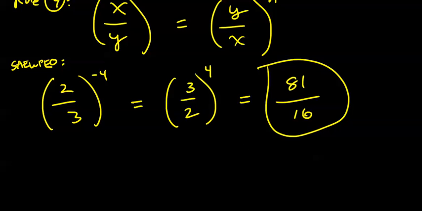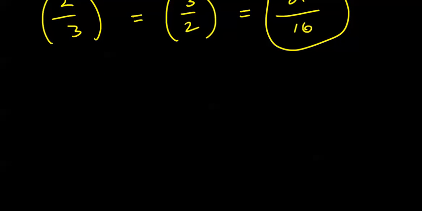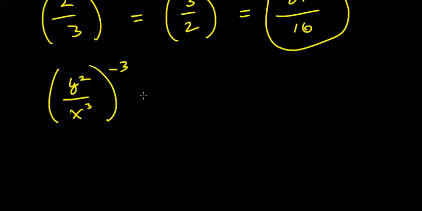Let's try another one. How about y squared over x cubed raised to the minus 3 power? Anytime I see an outer exponent that's negative working on a fraction, I can invoke this Rule 9.